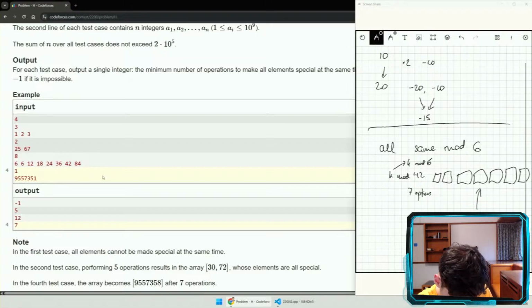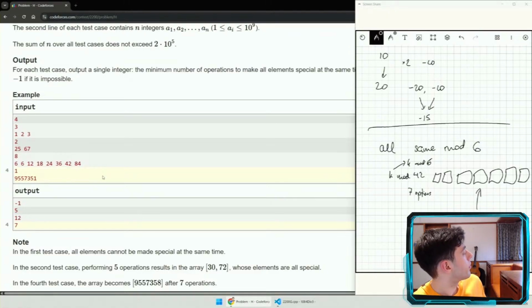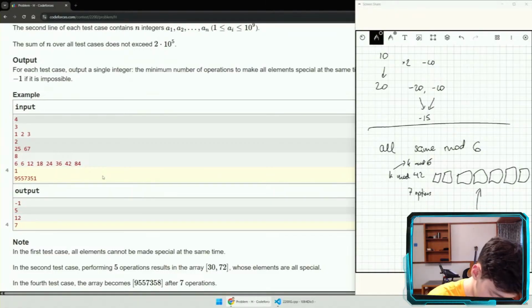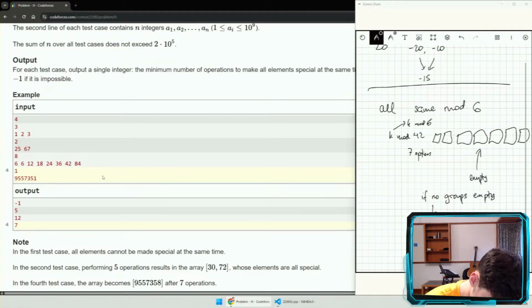If no groups are empty, that means we always have at least one divisible by 7. That means we now need to choose which group to focus on. So we have always at least one divisible by 7, right?